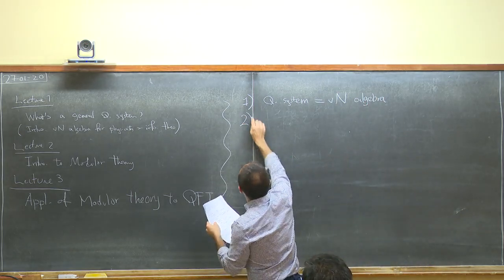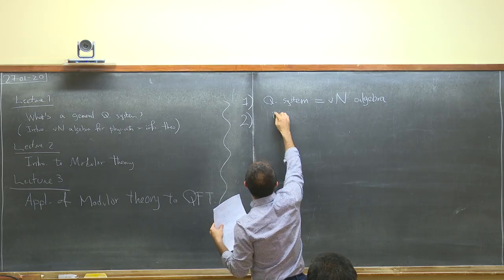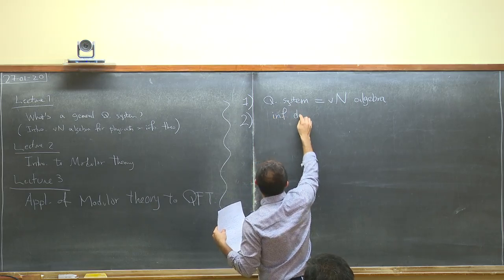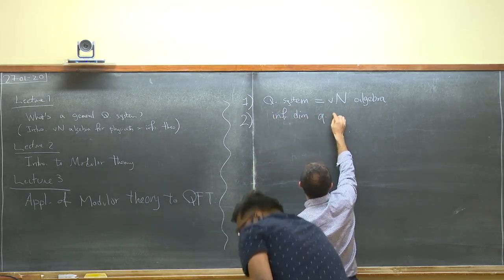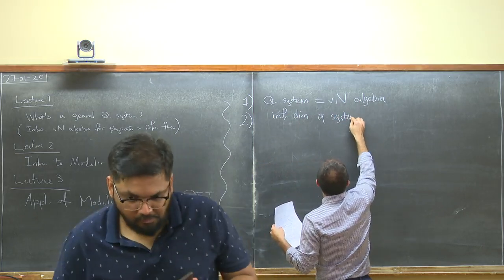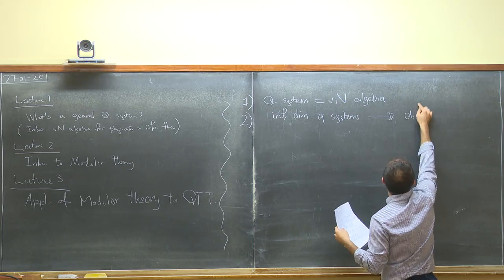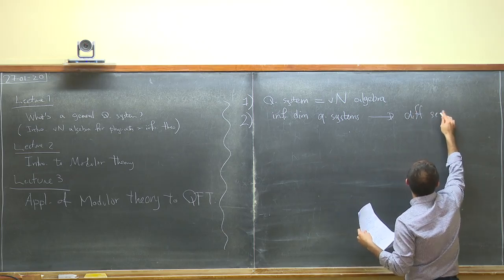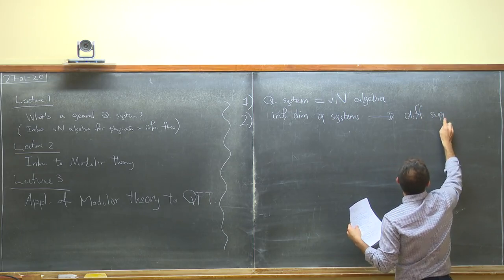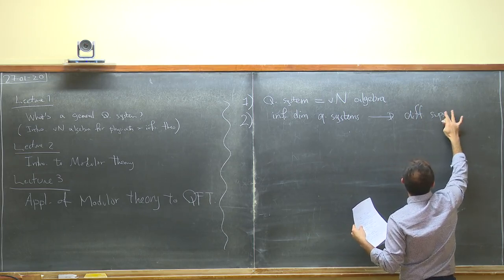Then we're going to say that we know that infinite dimensional quantum systems often have different, inequivalent superselection sectors.